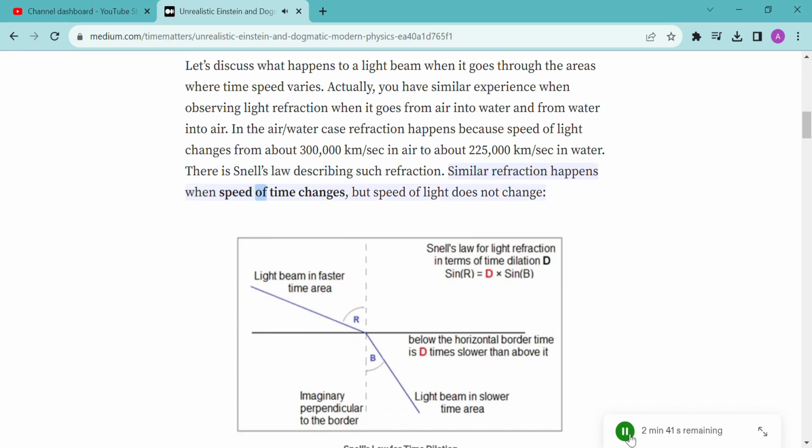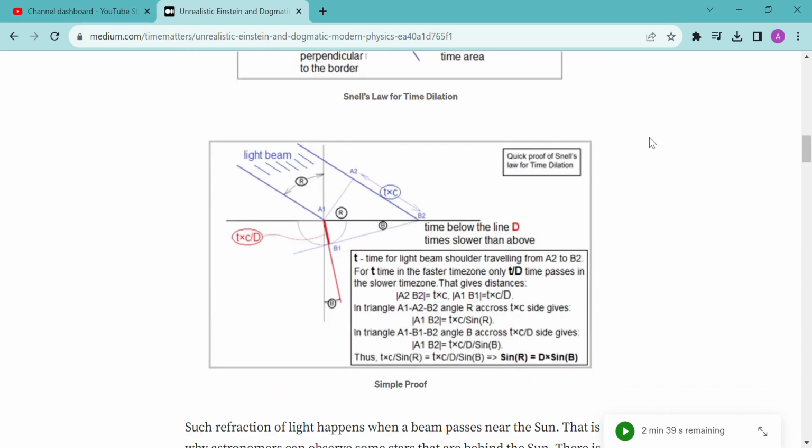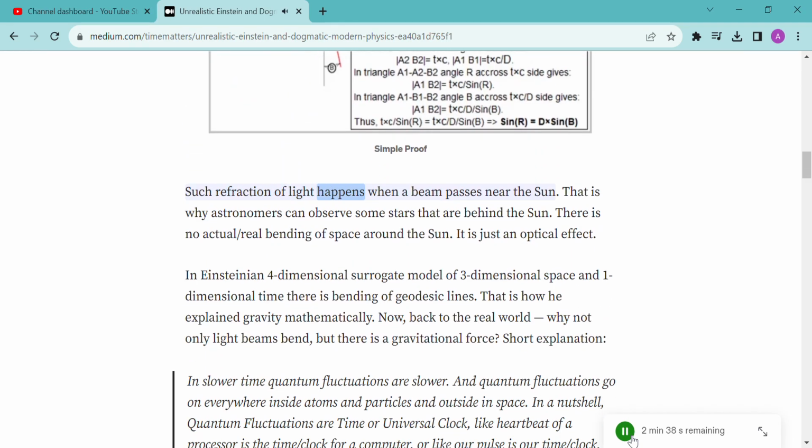Similar refraction happens when the speed of time changes, but the speed of light does not change. Such refraction of light happens when a beam passes near the sun.